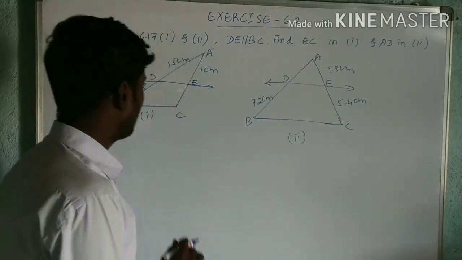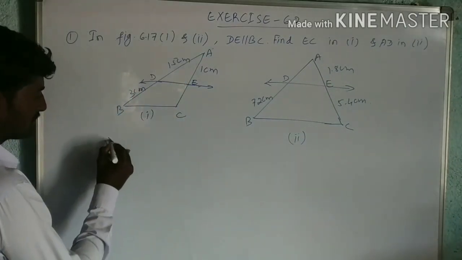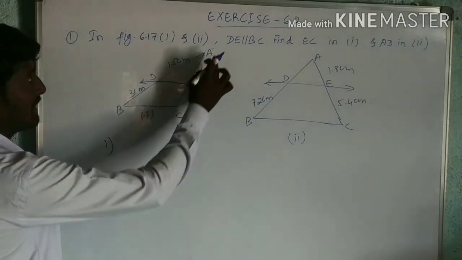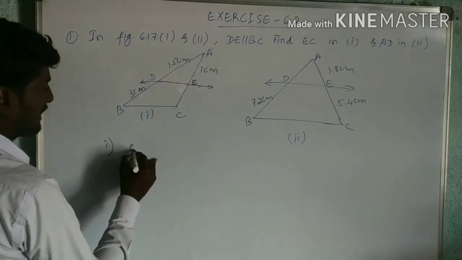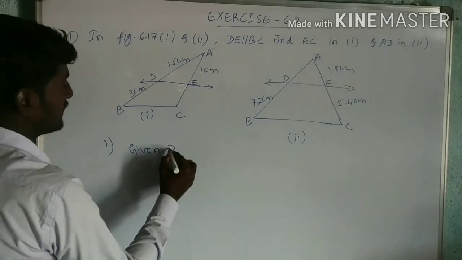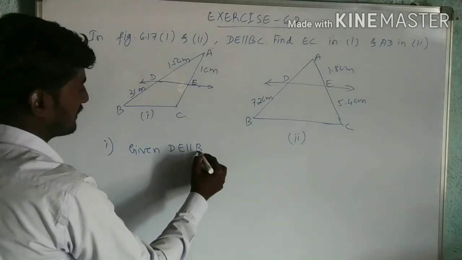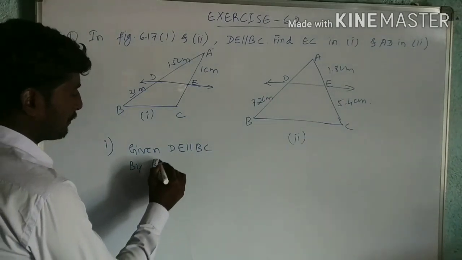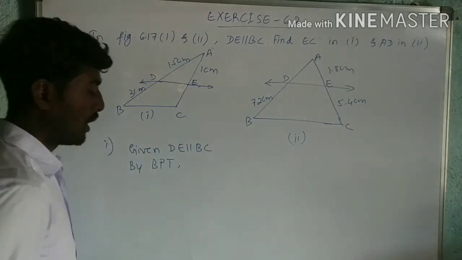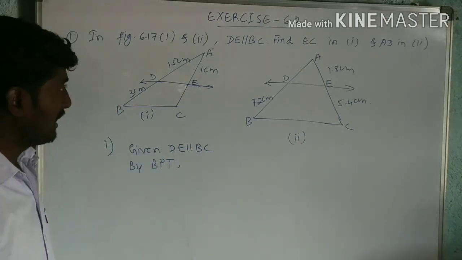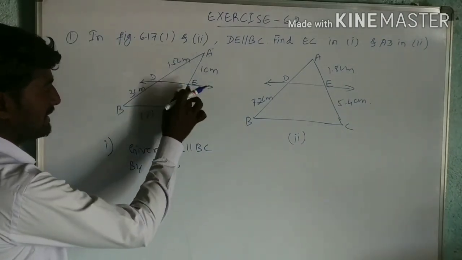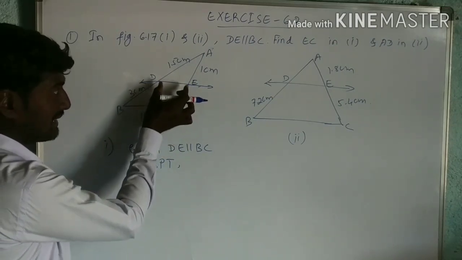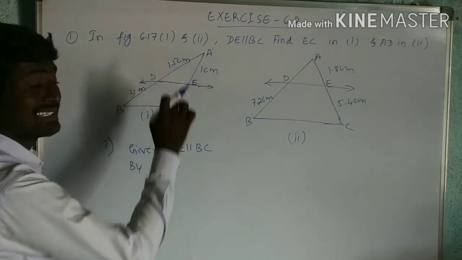Okay. So let us give the solution for the first one. This is the solution for the first diagram. So here they have given that DE is parallel to BC. Given DE parallel to BC. Now by BPT, basic proportionality theorem or Thales theorem, I can write DE is parallel to BC, then that divides the other two sides in the same ratio.